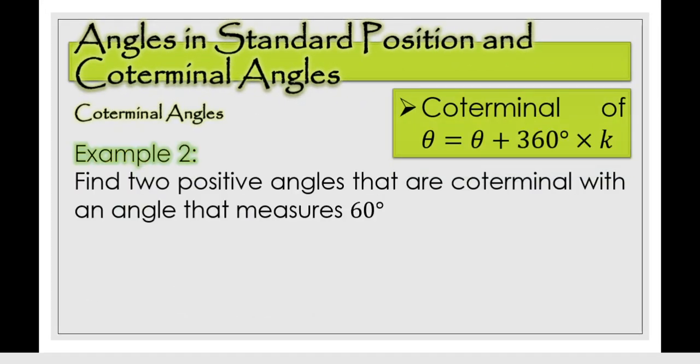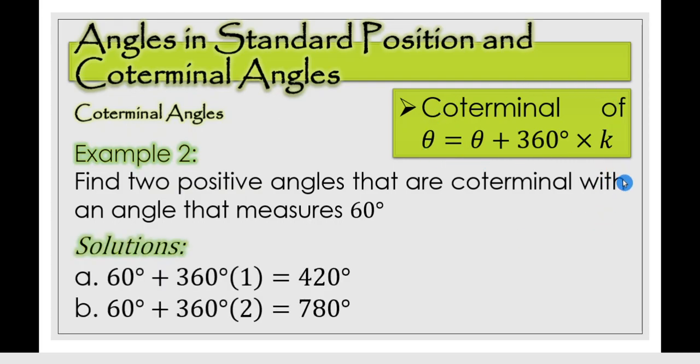Next example. Find the two positive angles that are coterminal with an angle that measures 60 degrees. So, by using this guide, we can have these following solutions. Ang hinahanapan natin ng coterminal angle ay yung 60 degree na angle. So, yun yung given angle, 60 degrees, plus 360 degree times 1 to find for the first angle sa unang rotation.